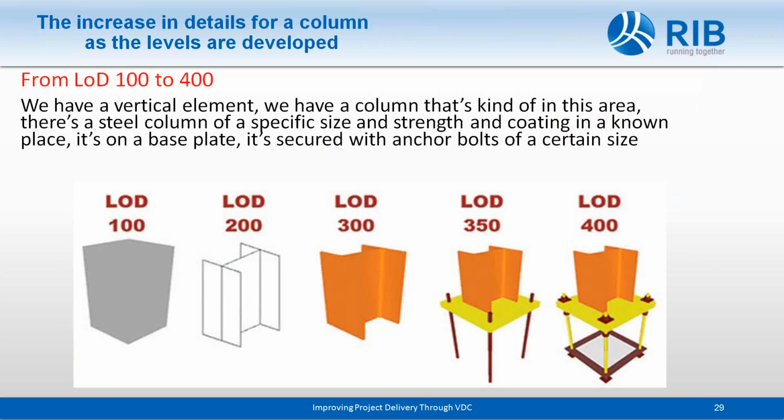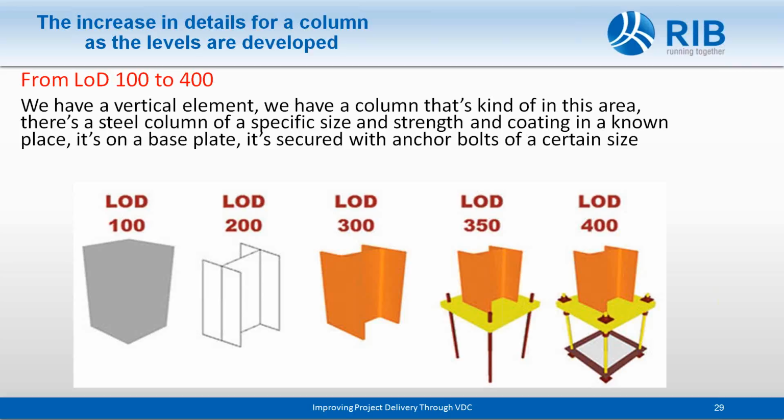Okay, let's look at this example and see, again, following the increasing LOD. At 100, we know we have a vertical element, and it's there, but we don't know what it is. We don't know what material it's made of.